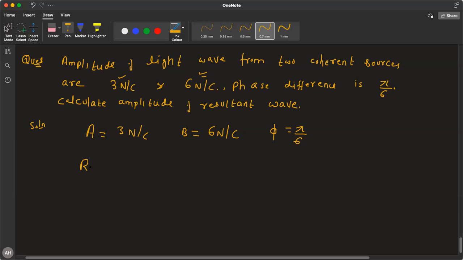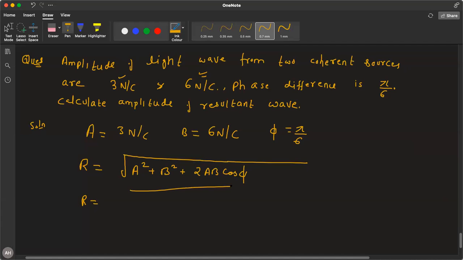You need R, which is root over A square plus B square plus 2AB cos phi. You just have to substitute the values here. A is 3 square, B is 6 square, plus 2 into 3 into 6 into cos pi by 6.